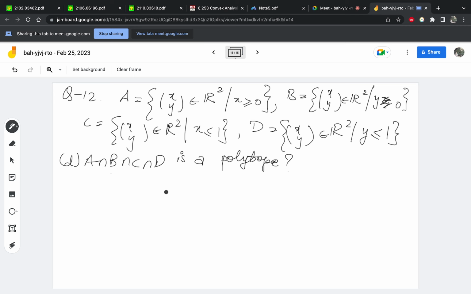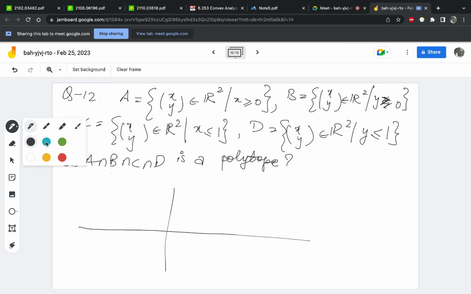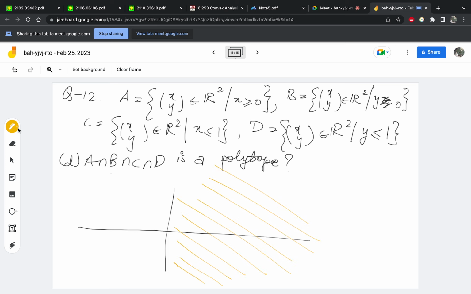Okay, so what can we do here? Unfortunately, there are very few colors also. A is this: first component greater than or equal to 0. We have B as y greater than or equal to 0.